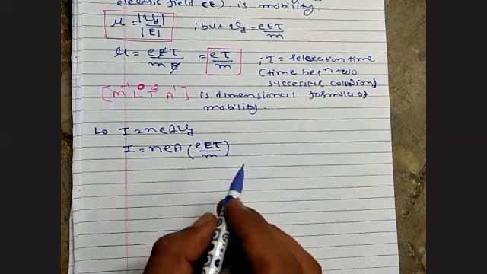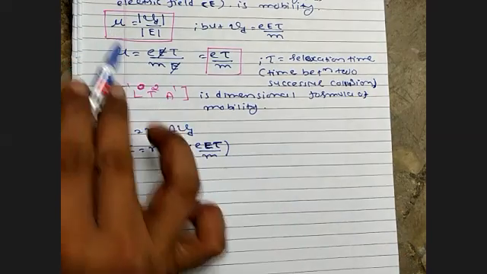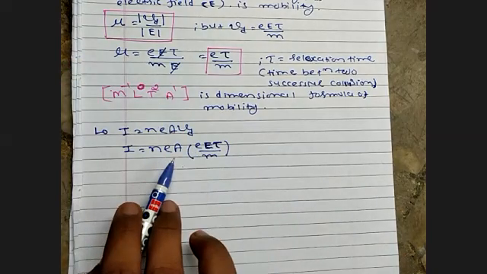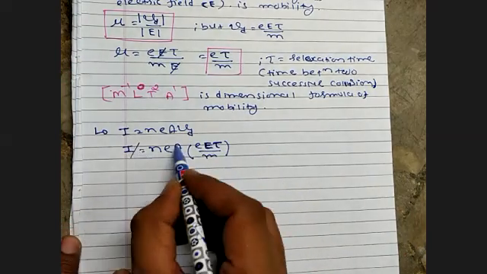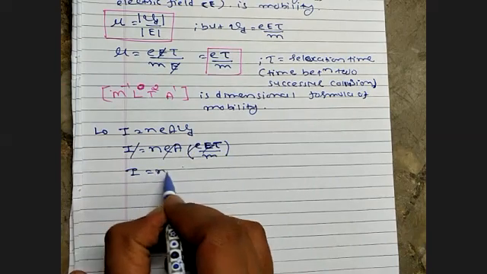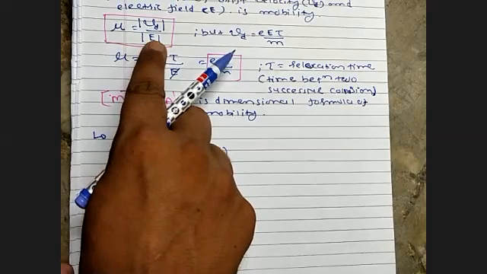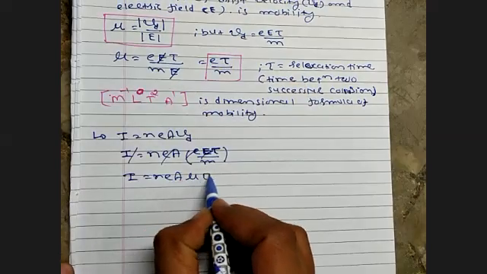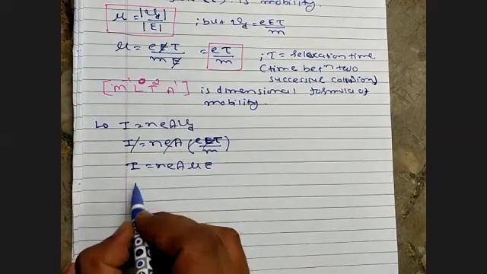Further, because I want to put this mu into this theory, I put it another way. I is equal to N E A times the value of VD. From this equation, VD is equal to mu into E. By this way, you can adjust the mu over here.